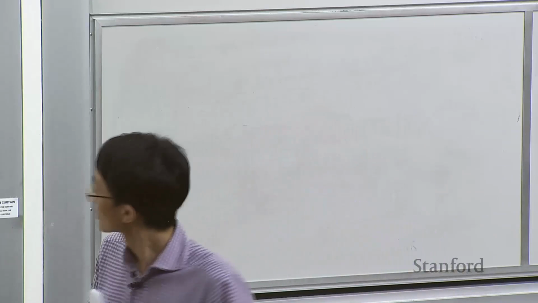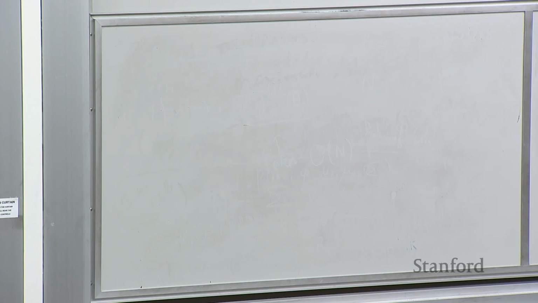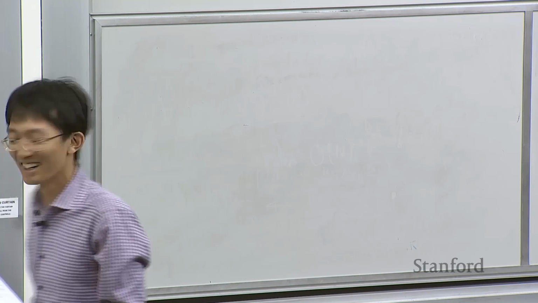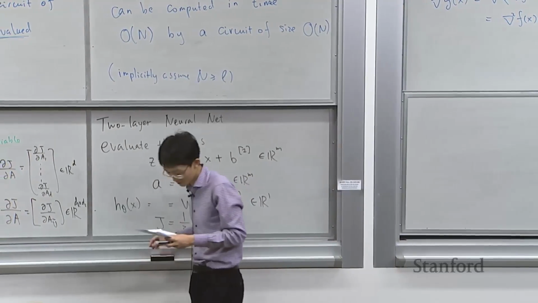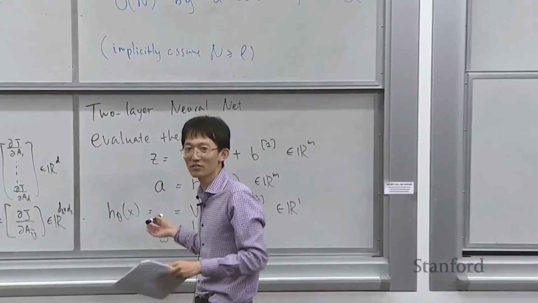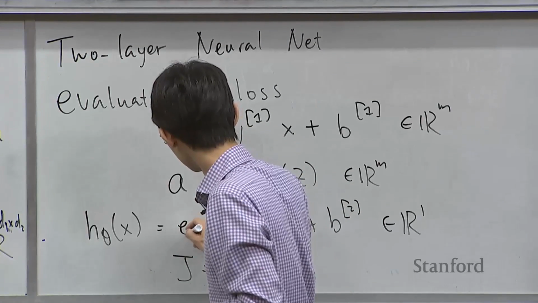A student asks: why is h theta of x equal to 0? Oh no, this is a variable called O. I should change the notes. It's fine in LaTeX, but how do I write this so that it doesn't look like a zero?